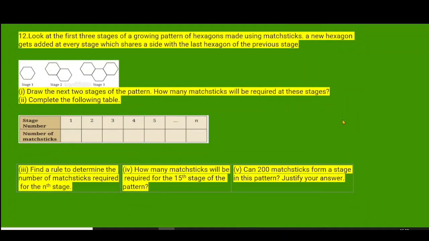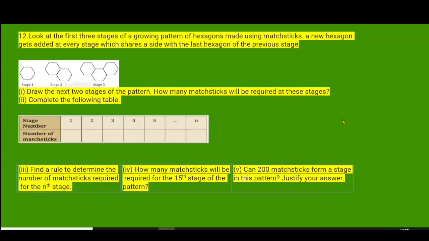Look at the first 3 stages of a growing pattern of hexagons made using matchsticks. A new hexagon gets added at every stage, which shares a side with the last hexagon of the previous stage. You know a hexagon has 6 sides.